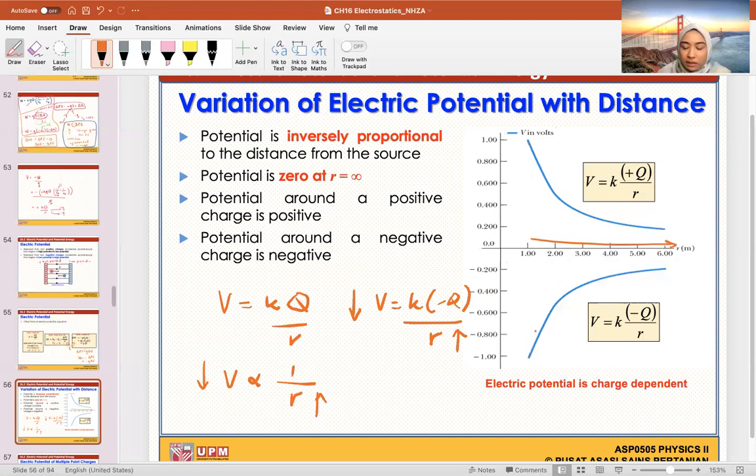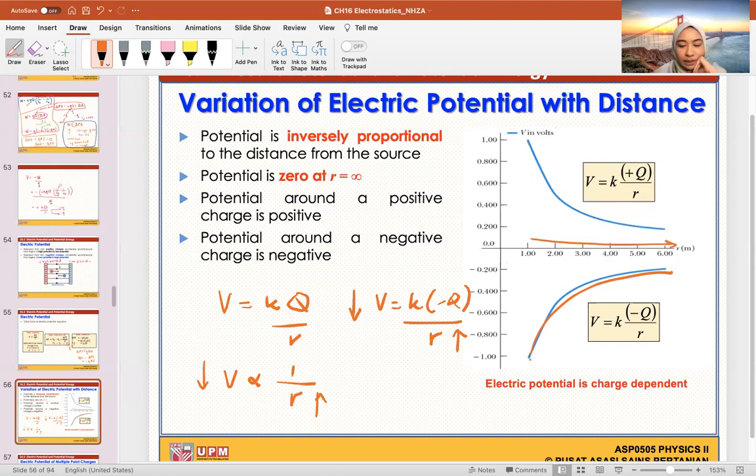Okay, korang tahulah, ni maths je lah. So the shape is the same, it's just flipped. How do I make this intuitive? It becomes a smaller value, a smaller negative. Susah lah cakap pasal maths ni.